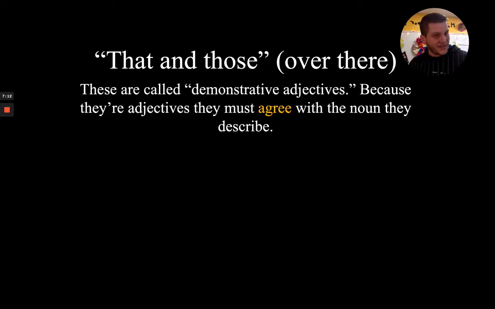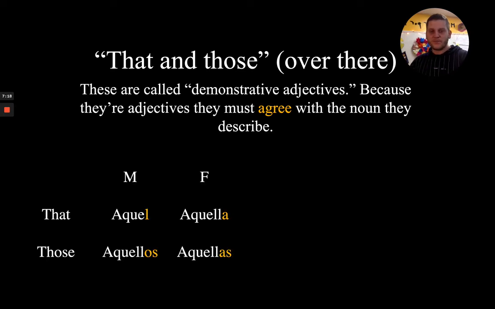So, once again, these are adjectives, so we have to make sure they agree in gender and plurality. So, aquel, that over there, masculine singular. Aquella, that over there, feminine singular. Aquellos, those over there. And aquellas, those over there, feminine, plural.